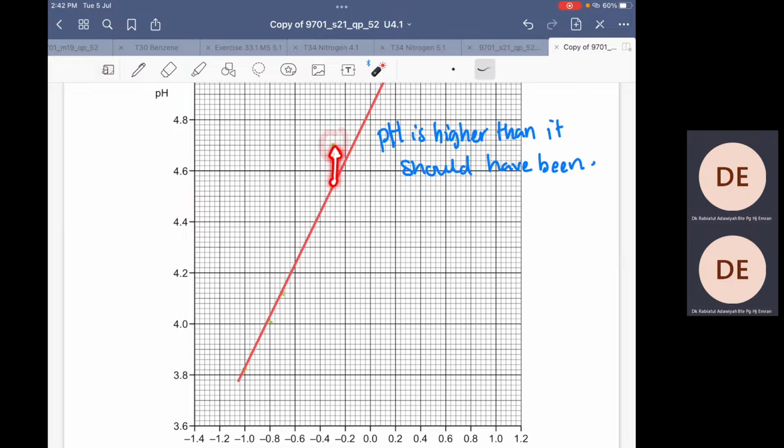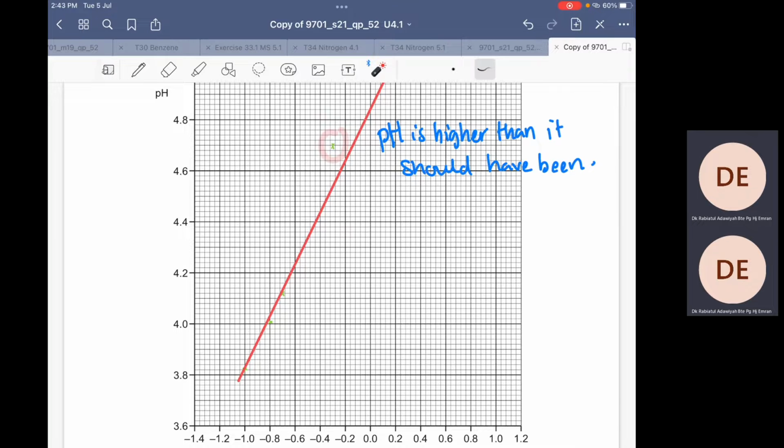What can cause this high pH is probably that the concentration of hydroxide ions was actually a little bit lower. They overestimated the concentration of the hydroxide ions or the number of moles of the hydroxide ions. Why do I talk about hydroxide ions? Because a high pH indicates more hydroxide ions, increasing as the pH gets higher.